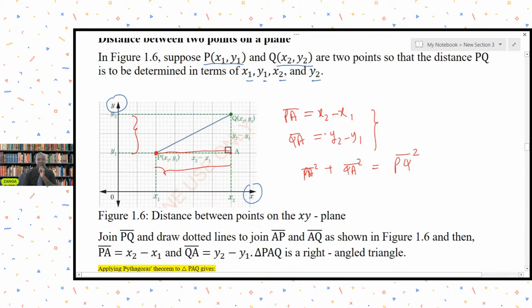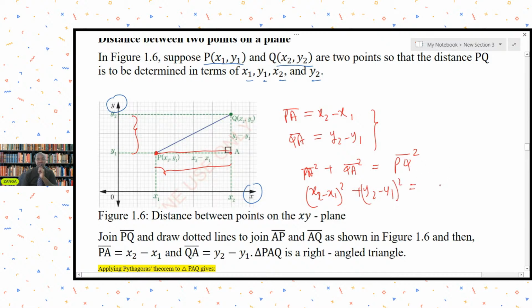So PA is (X2 minus X1) square. QA is (Y2 minus Y1) square.